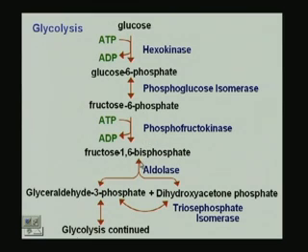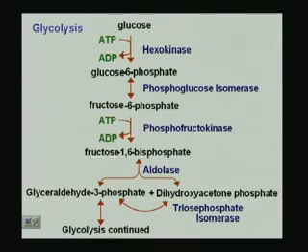The next step now is the breakdown of the 6-carbon to 2 3-carbons, and we have aldolase. Aldolase is going to break down fructose 1,6-bisphosphate into glyceraldehyde 3-phosphate and dihydroxyacetone phosphate.